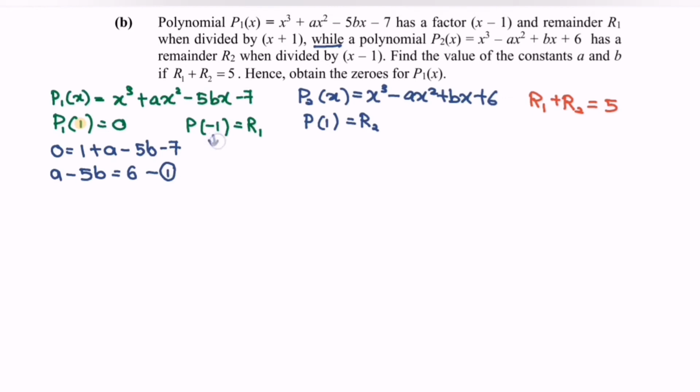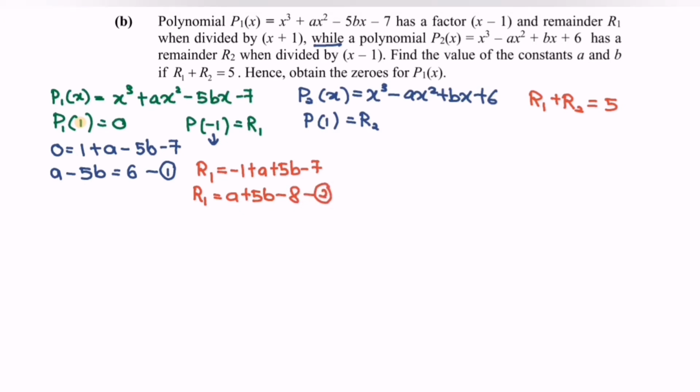If we substitute -1, we will have r1 = -1 + a + 5b - 7. Simplify. So we have r1 = a + 5b - 8. That will be the second equation.